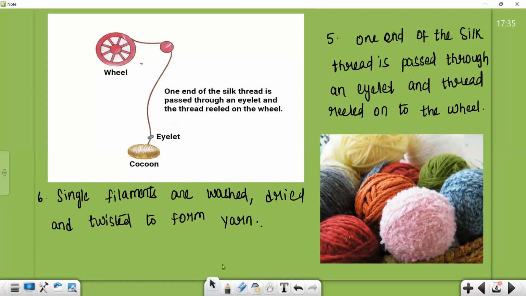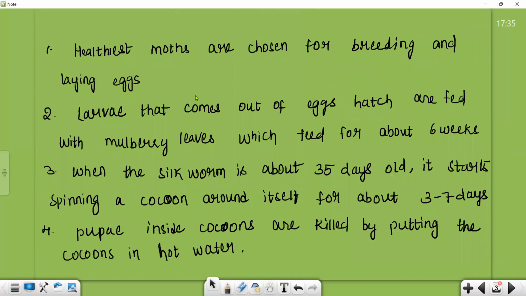Did you understand everything about silk? How the process is going on? First, we select healthy moths for breeding, and after laying eggs, the eggs are transferred into the larval stage, which feeds on the mulberry leaves for about how many weeks? 6 weeks. Later, the silkworm forms a cocoon on its body. Then it enters the pupa stage.